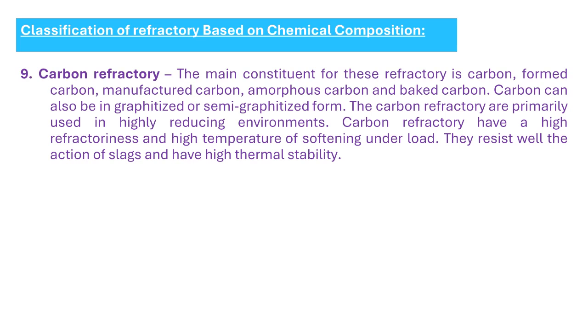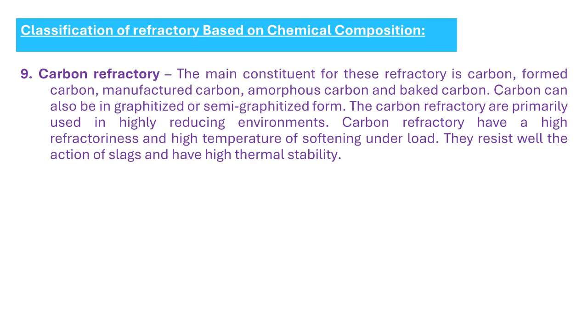Here's what makes carbon refractories remarkable. They have an extremely high refractoriness, meaning resistance to melting, and a very high softening temperature under load. In simple terms, they can withstand heat levels that would melt or weaken most other refractories. They also resist the action of slags and maintain excellent thermal stability. But there's a critical limitation. Carbon refractories are suitable only in reducing environments, conditions where oxygen is absent or minimal.